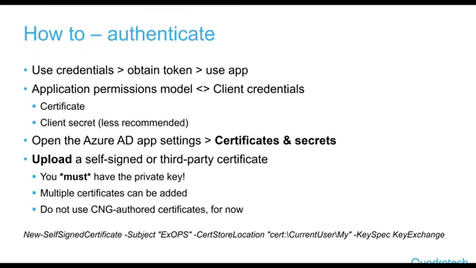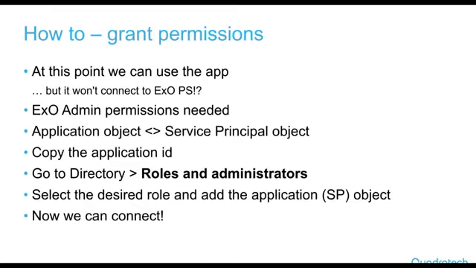You can also configure multiple certificates. For example, if you have a certificate which expires in the next few days, and for whatever reason you don't want to go through the hassle of renewing it and changing it, you can add an additional one and so on. Again, we'll cover this in more detail in a second in the demo.